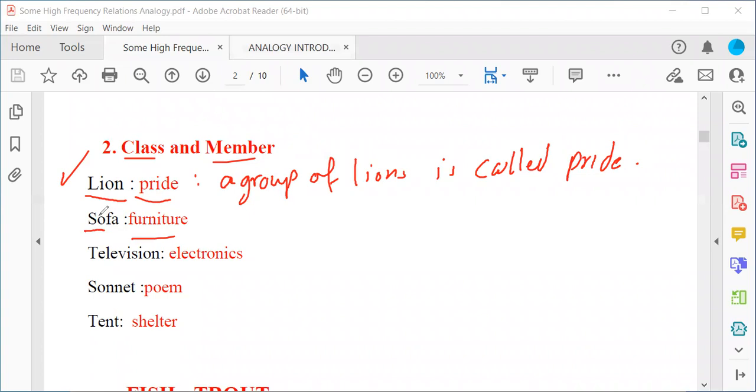Sofa belongs to furniture. Television and electronics. Television is also a member of electronic sets. Sonnet and poem. Sonnet is a type, class, or member of poem. And tent and shelter. Tent also belongs to a group called shelter. So these are some examples of member and class.